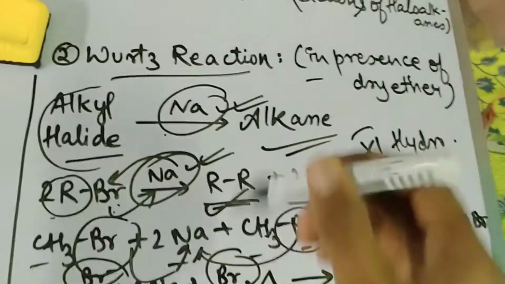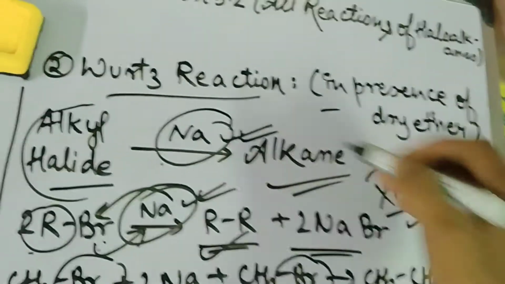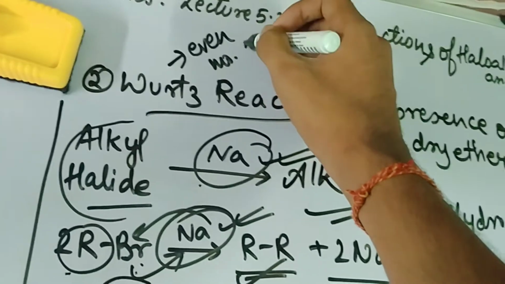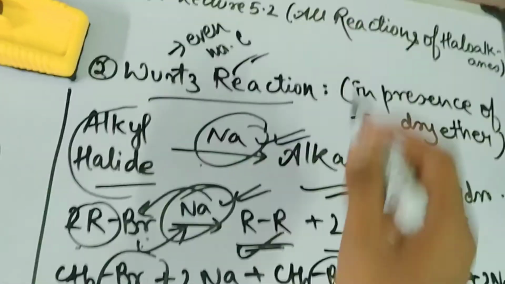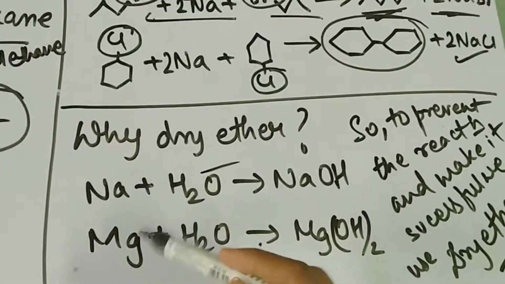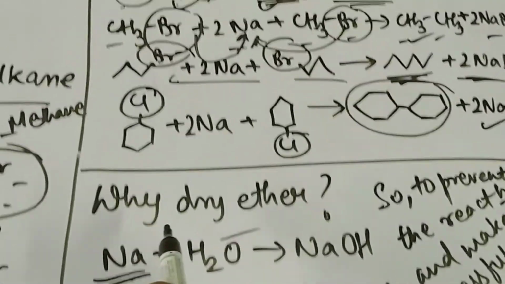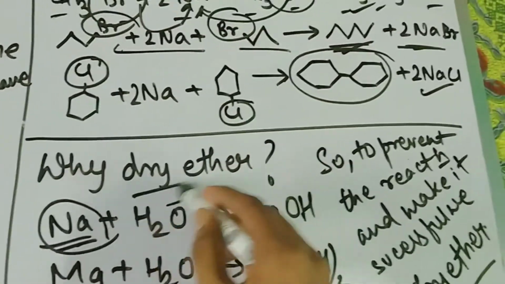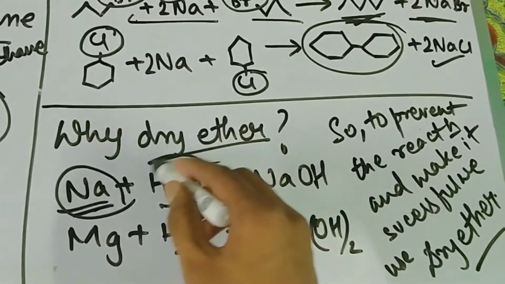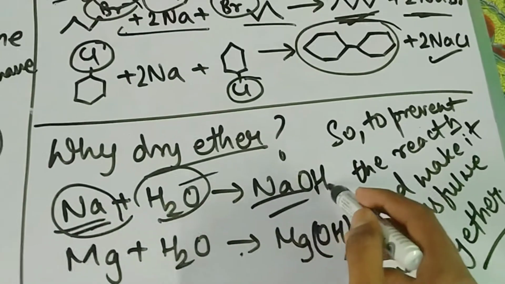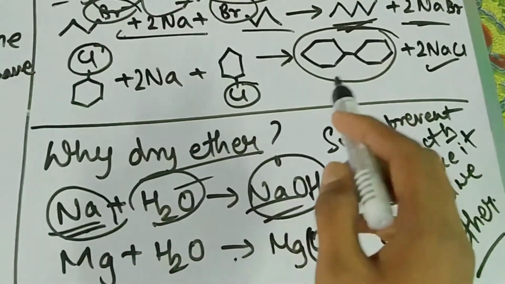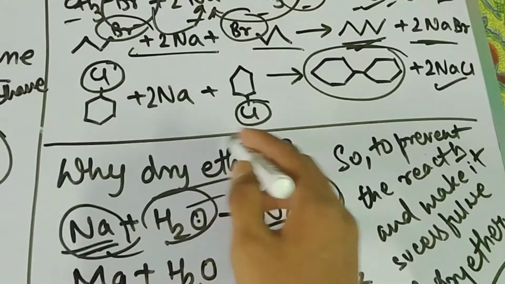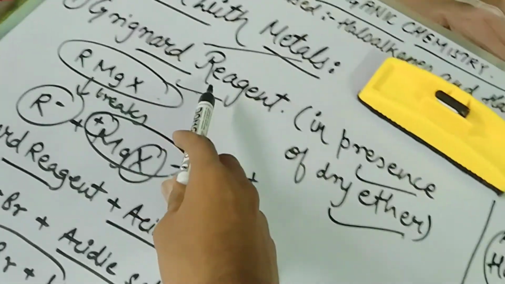In the Wurtz reaction we use sodium, and we use dry ether to prevent the reaction of sodium with water, which gives us sodium hydroxide. So to prevent sodium from reacting with water, we use dry ether, and the same is with the Grignard reagent too.